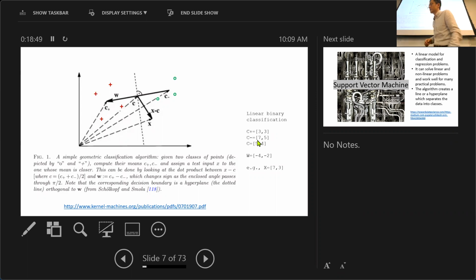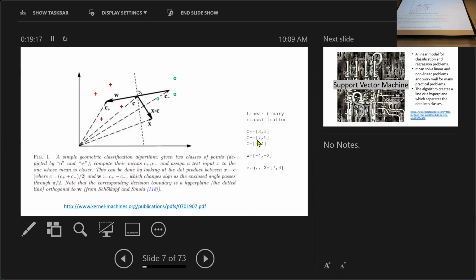I'll show you on the blackboard here. So you have two groups of the data. You have some data here. Now you find the center of these data points, and we call it C plus, for the plus class.